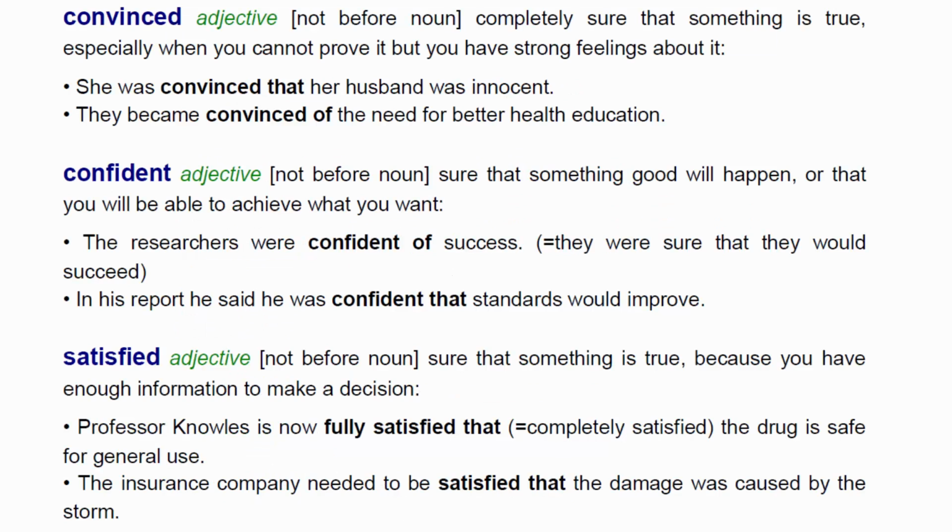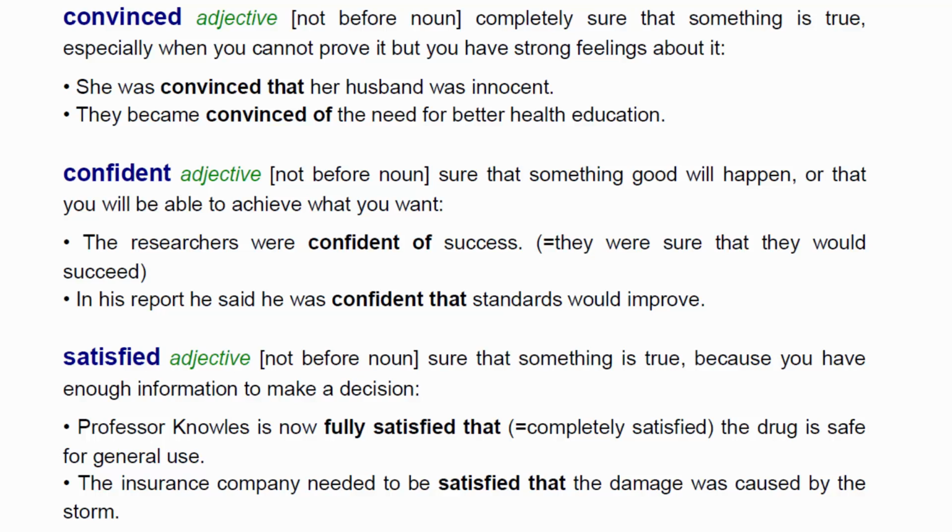Convinced, adjective, not before a noun. Completely sure that something is true, especially when you cannot prove it, but you have strong feelings about it. She was convinced that her husband was incorrect. Okay, husbands are always incorrect. Okay, she was convinced that her husband was incorrect.